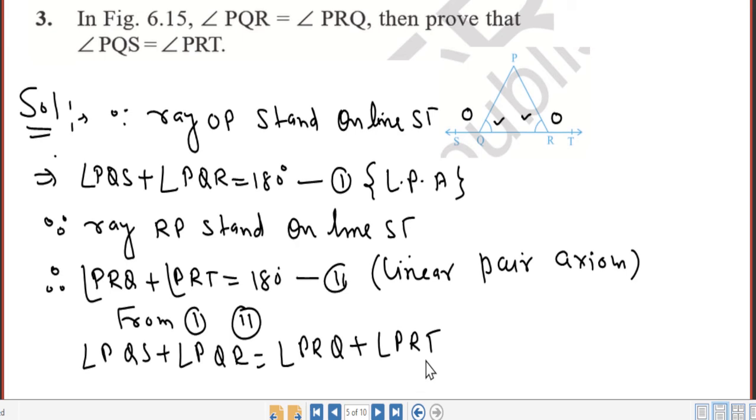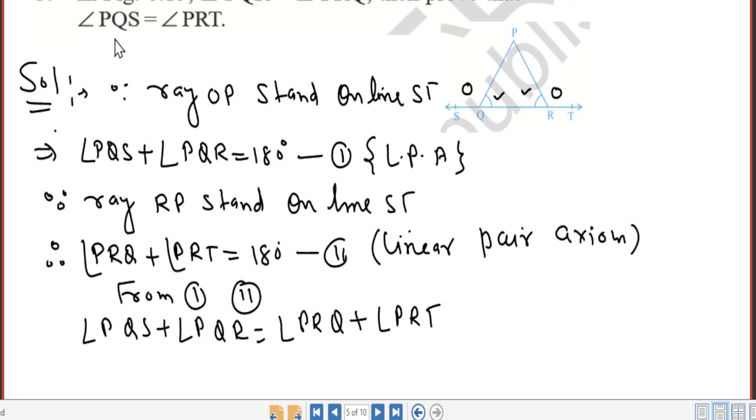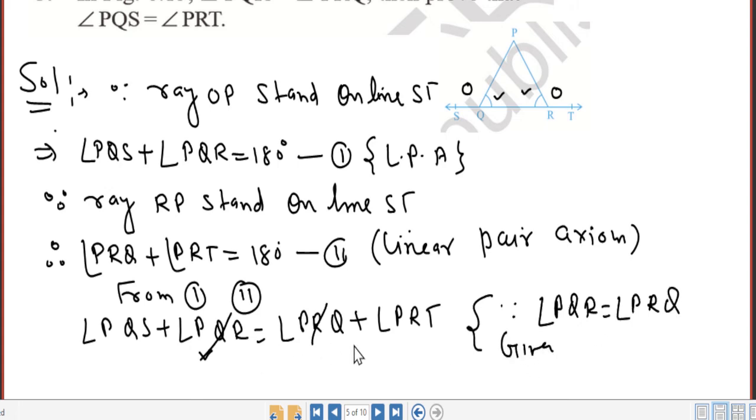Now last step, since angle PQR is equal to angle PRQ, it is given, these cancel each other. So that's why angle PQS is equal to angle PRT. This is a proof. Clear?